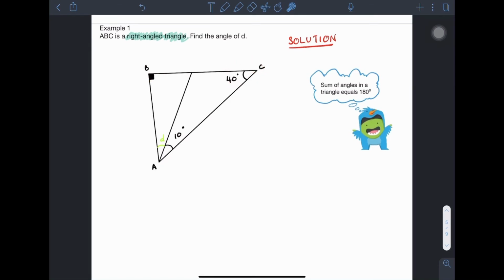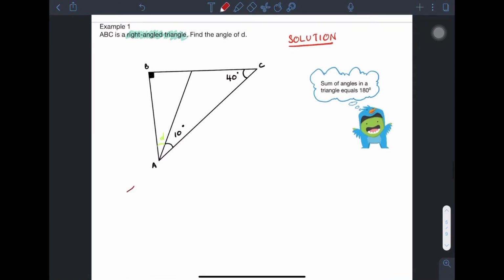And we also know that the sum of angles in a triangle will equal 180, which means this angle plus this angle plus this angle will give you 180. So to get D is very easy and very straightforward.